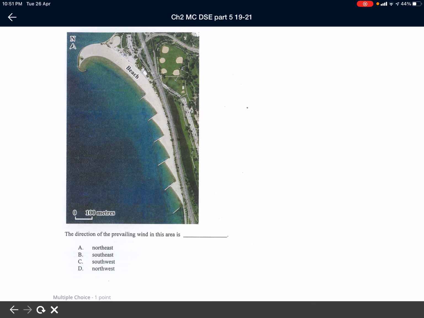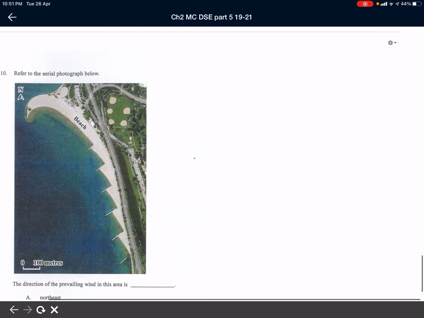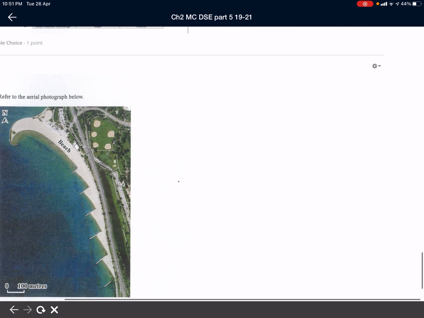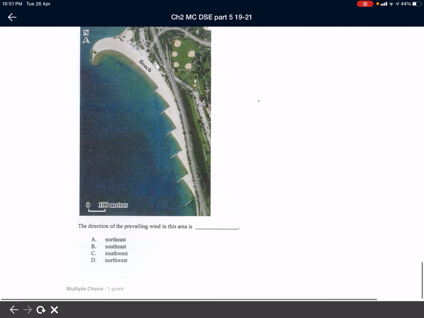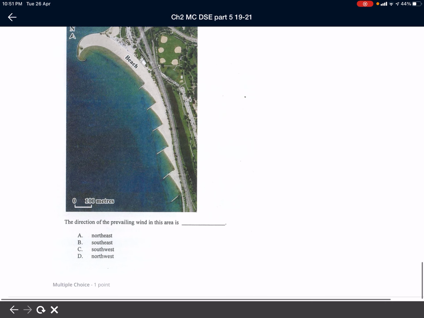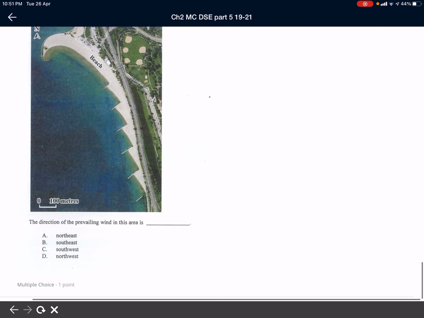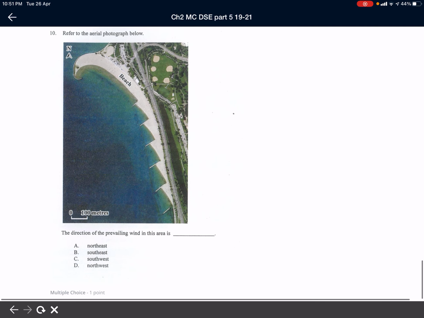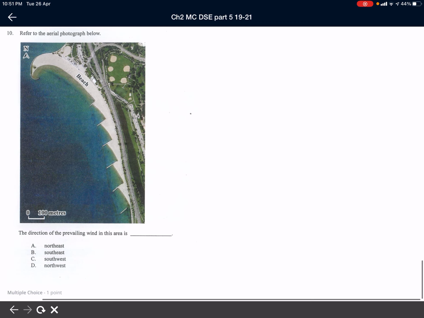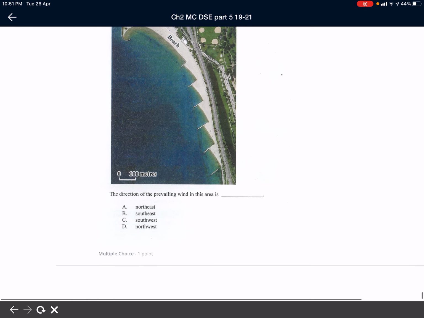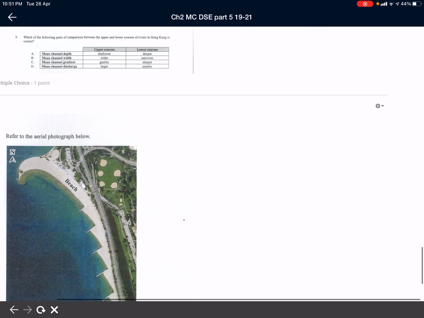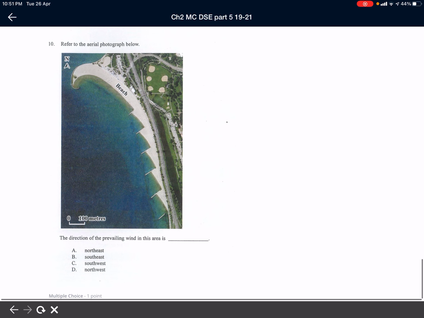Southeast wind, because for southwest wind, it should be blowing from this side, okay? Originally, the wind should blow like this, okay? So accordingly, then it should be coming from the west, okay? You are sure that it's from the south, okay? And also it's from the west, going this way, okay? Going this way, okay? Bear in mind this one is quite a tricky question, okay? Good luck in your DSE.